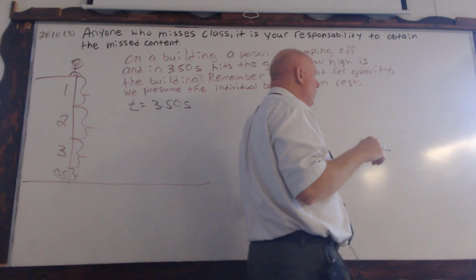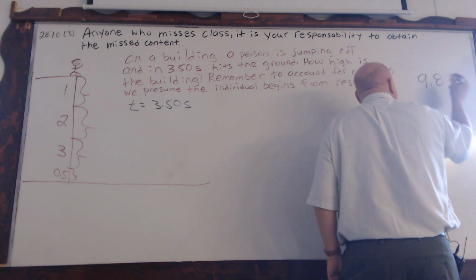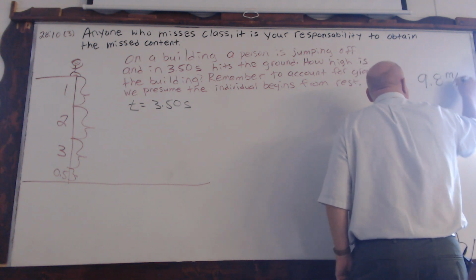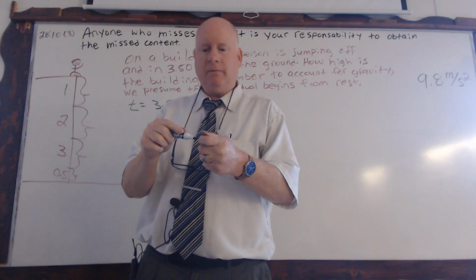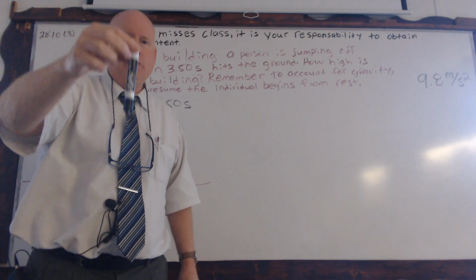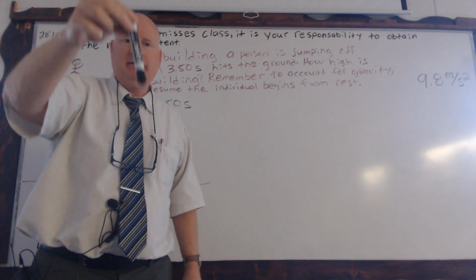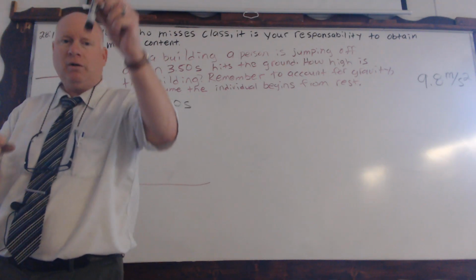Objects will accelerate towards the earth at a constant rate of 9.8 meters per second squared. You can presume that when it's free falling, it's 9.8 meters per second squared, because it's in a vertical component.